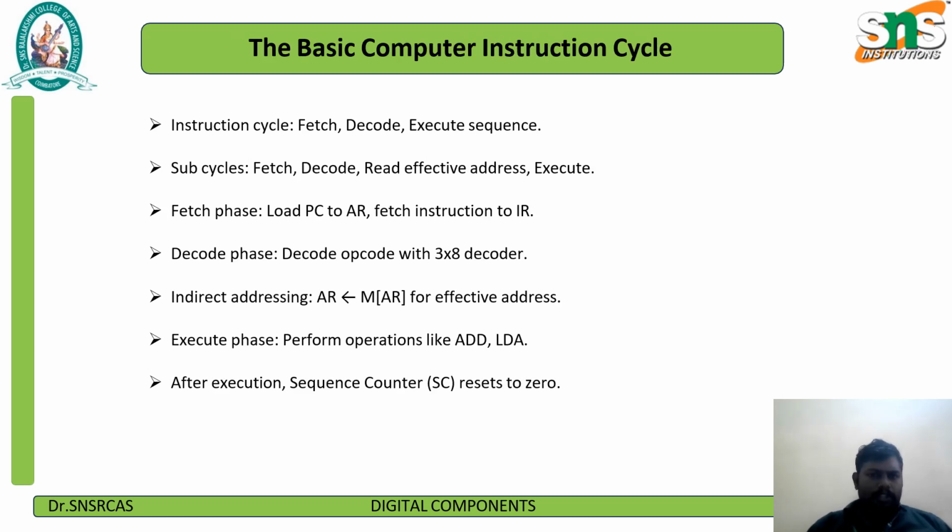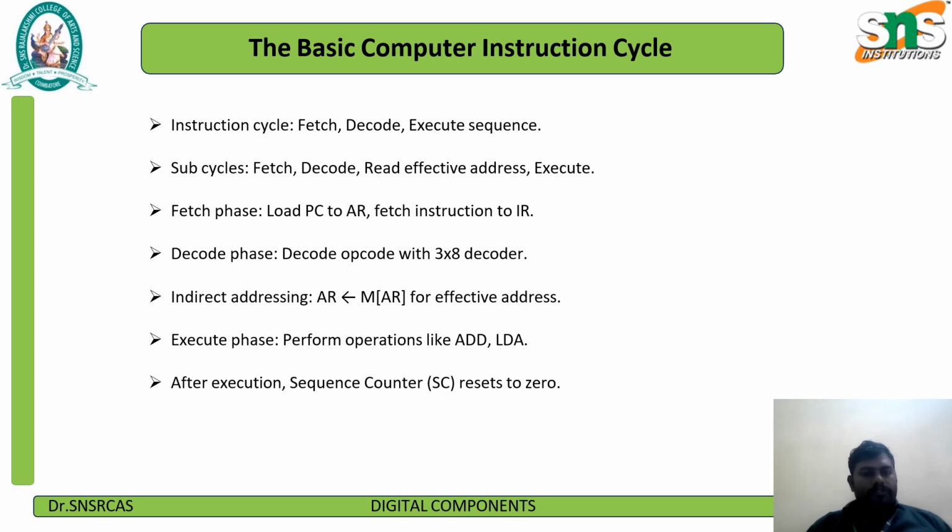For the basic computer instruction cycle, there are 7 types. The first is the fetch and decode sequence, with subclasses for fetch, decode, read the effective address, and execute.